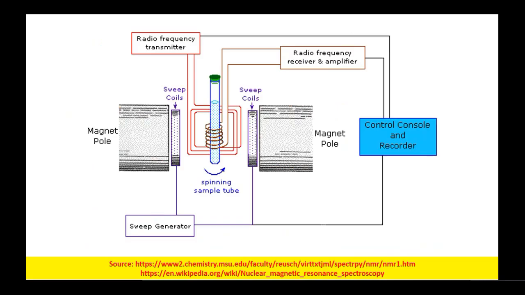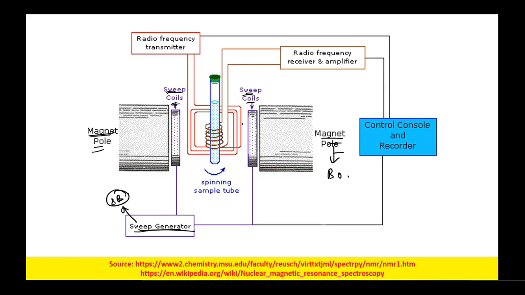Now coming to the understanding of how this works. I have already told you how it works, but let us again see it with the help of this schematic diagram. As I told you, there are magnetic poles, which give you the B0. Then you have the sweep coils, connected to the sweep generator, which generate the delta B magnetic field.